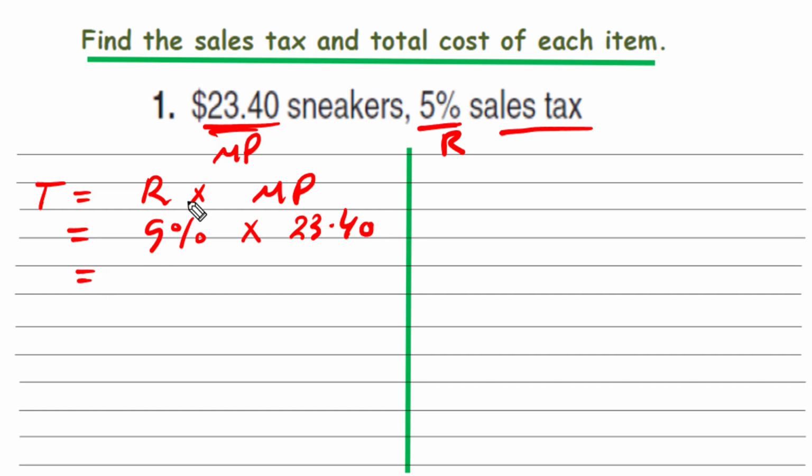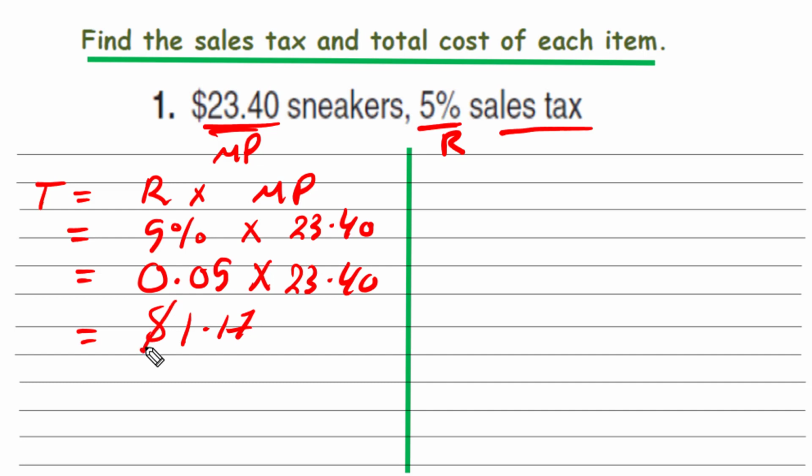Now we can write 5% as 0.05 as a decimal times 23.40. We get $1.17. Now to find the total cost. The total cost is equal to the tax plus the market price, as we studied before.